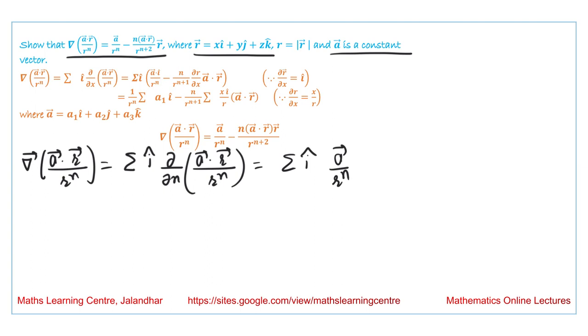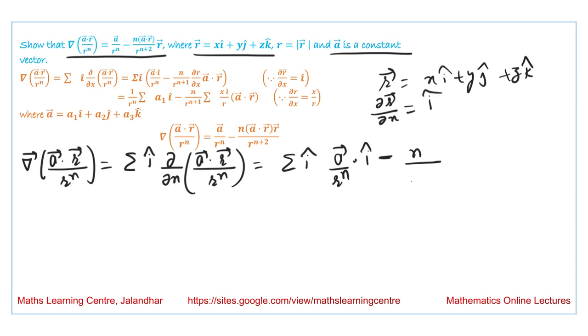Derivative of r vector is i cap. R vector we have is x i cap plus y j cap plus z k cap. So curly r vector by curly x is equal to i cap. Then we have minus n by r raised to the power n plus 1, curly r by curly x into a vector dot r vector, and this whole term we have in bracket.